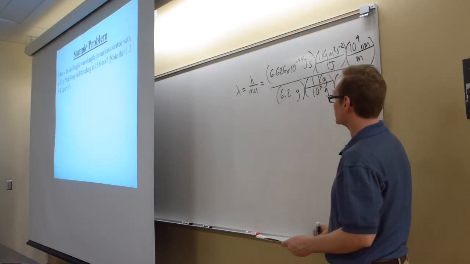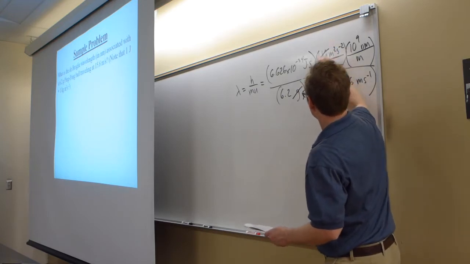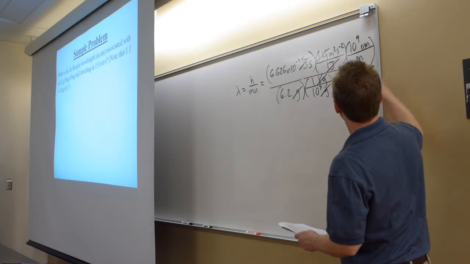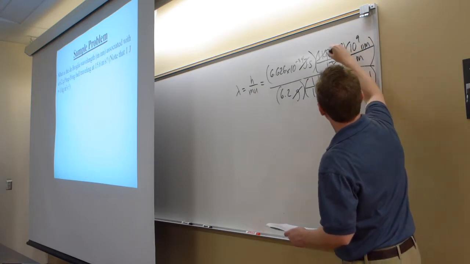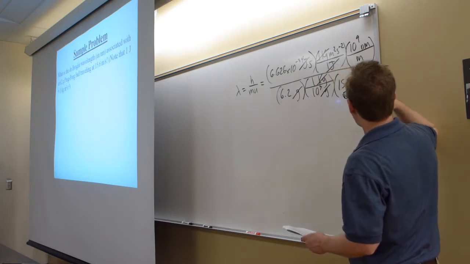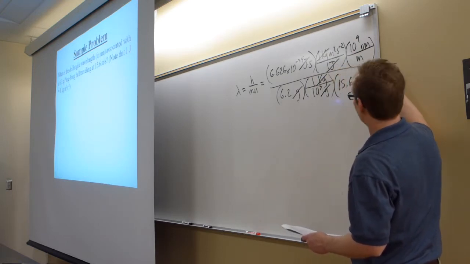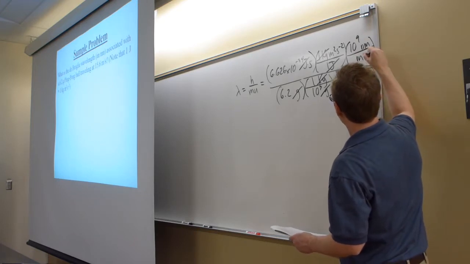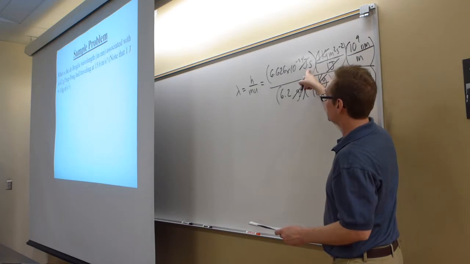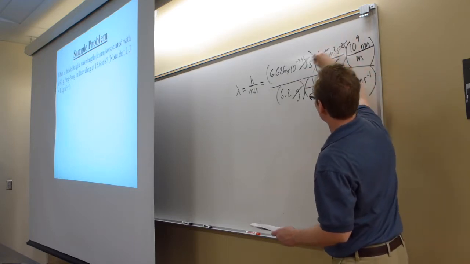So plugging in all the numbers in there, let's look at the units. Grams cancel, kilograms cancel, joules will cancel. Let's see. If I move this seconds to the minus 1 up in the numerator, it becomes a positive 1, which means times second here means second squared, which cancels out this second squared.